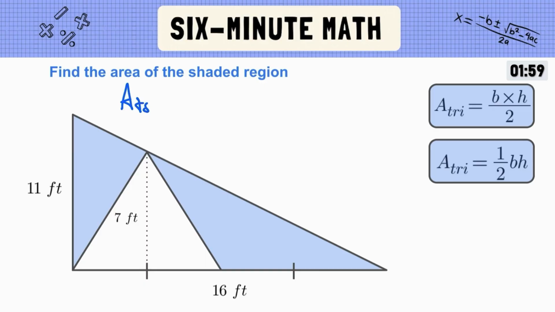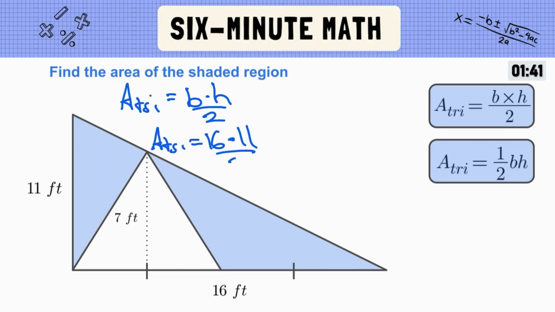The area of that triangle is going to be base times height divided by 2. The area of that triangle is going to be 16 times 11 divided by 2.